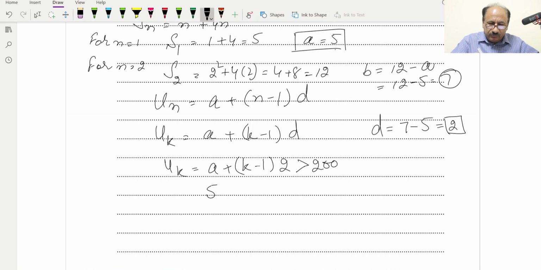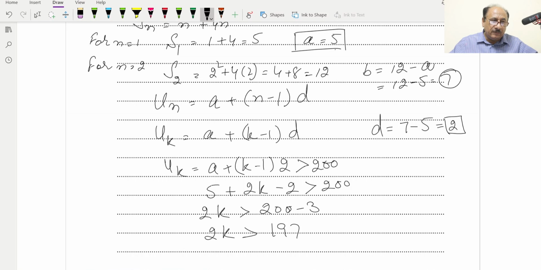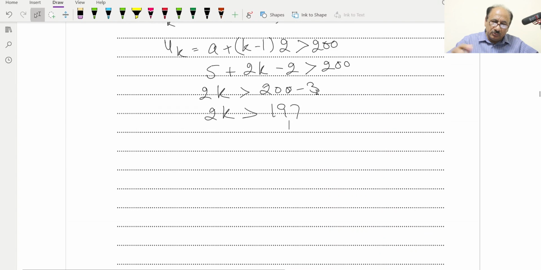A is 5, so 5 plus 2k minus 2 is greater than 200. So 2k plus 3 is greater than 200, and 200 minus 3, so 2k is greater than 197.